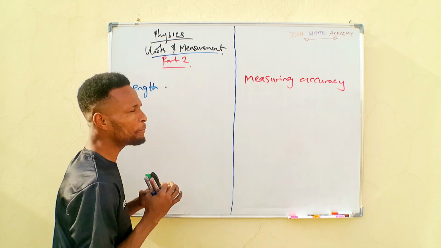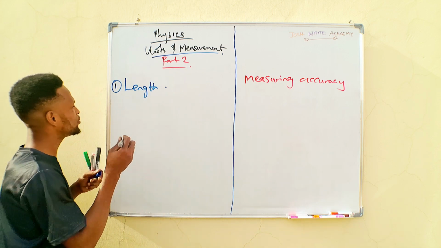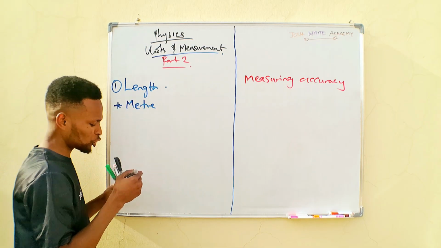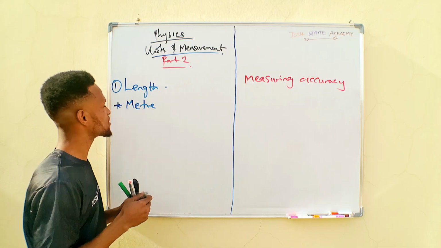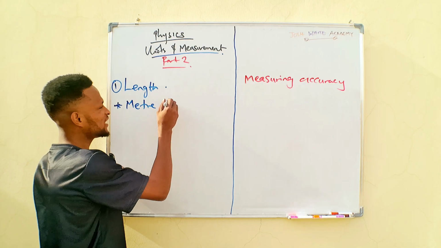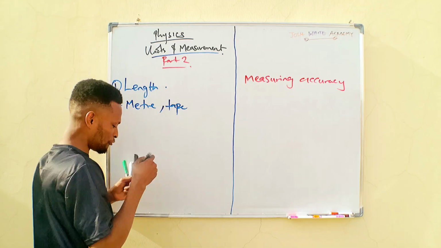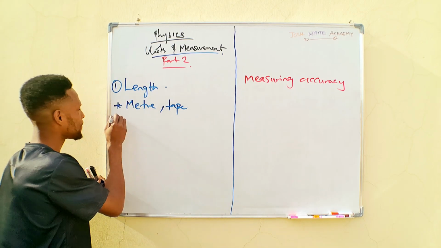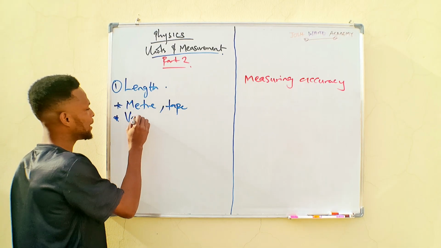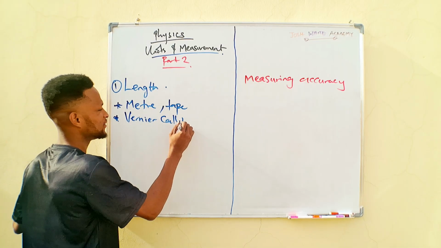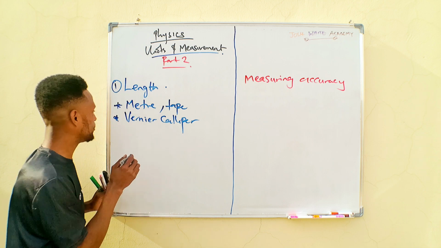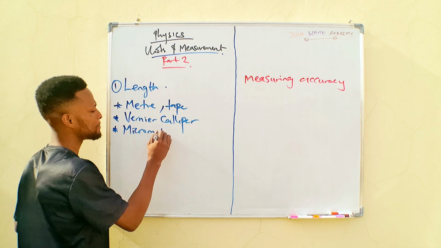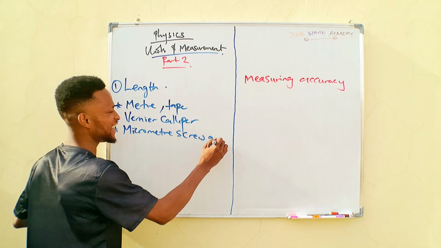So now, coming back to length. Length can be measured using the meter rule for short distance, or the tape for longer distance. Number 2, we have the Vernier Calliper. And number 3, we have the Micrometer Screw Gauge.